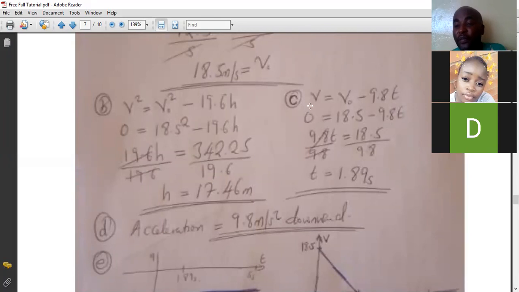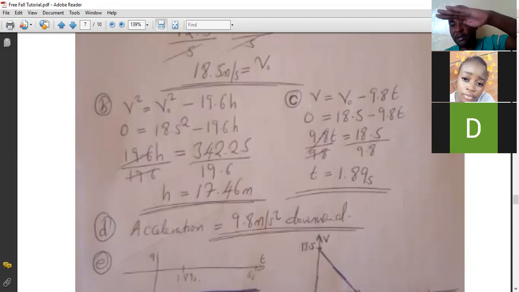At the highest point, the velocity is 0. When you throw something with some speed, which we don't know, it will start reducing until it becomes 0 at the highest point. Then when it starts falling, it will have the same speed but negative values.